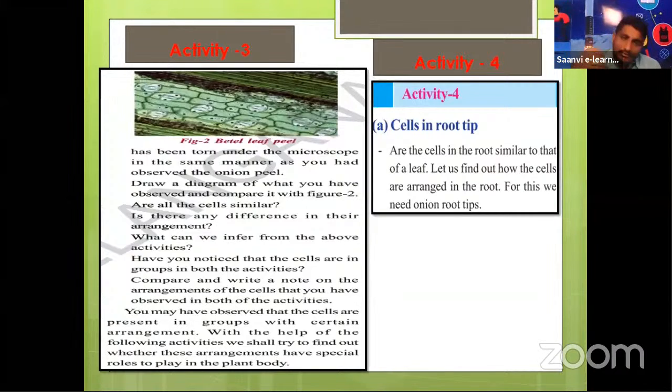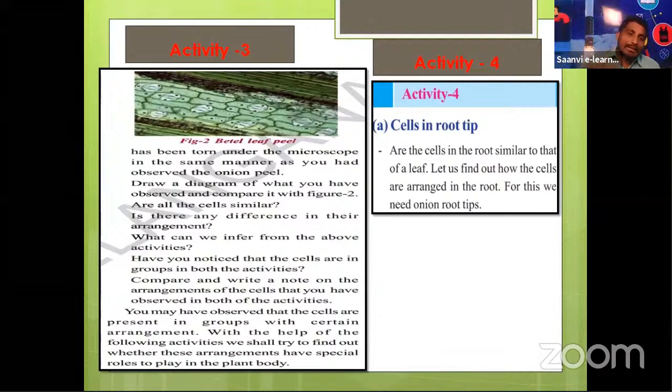Then you can start drawing in your observation book what you have observed. While you are observing, you can draw a diagram of what you have observed. The observation diagram is drawn in your observation book.